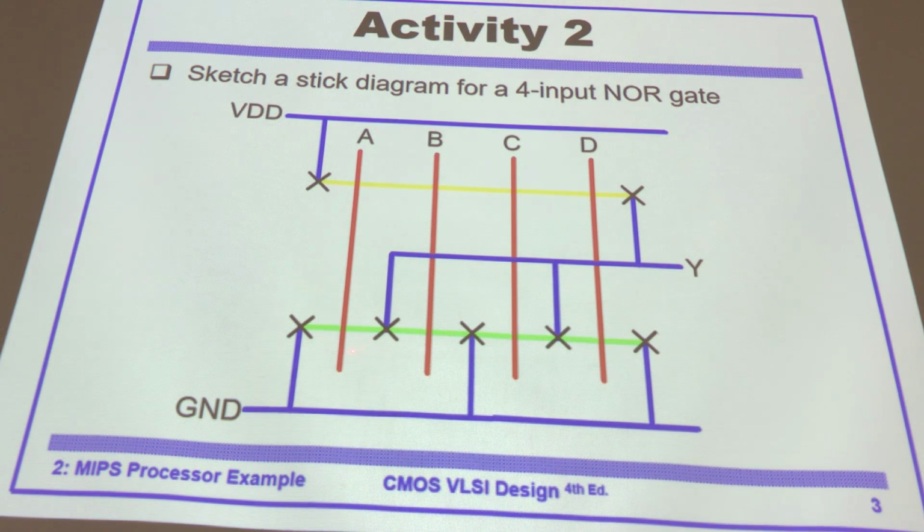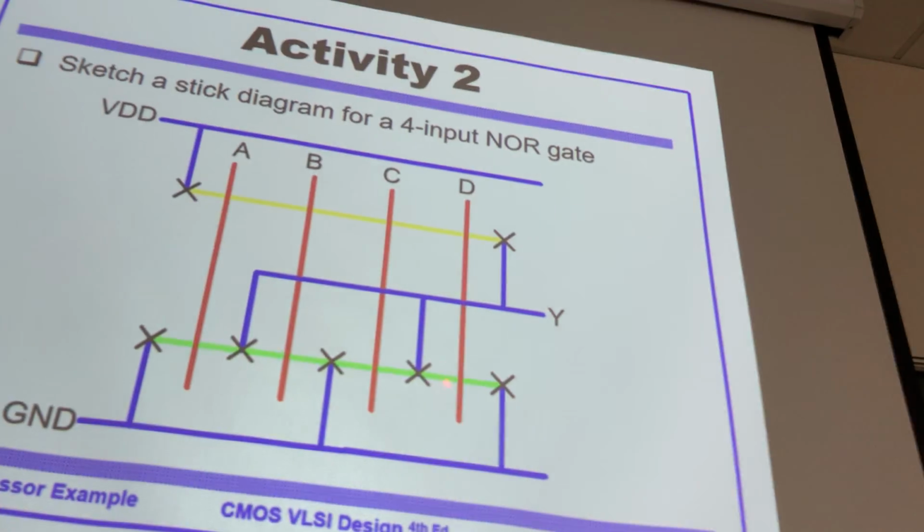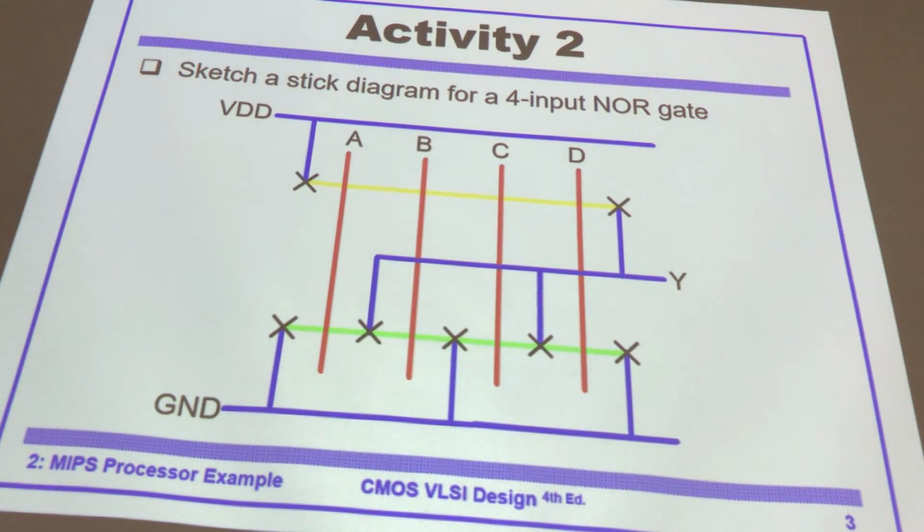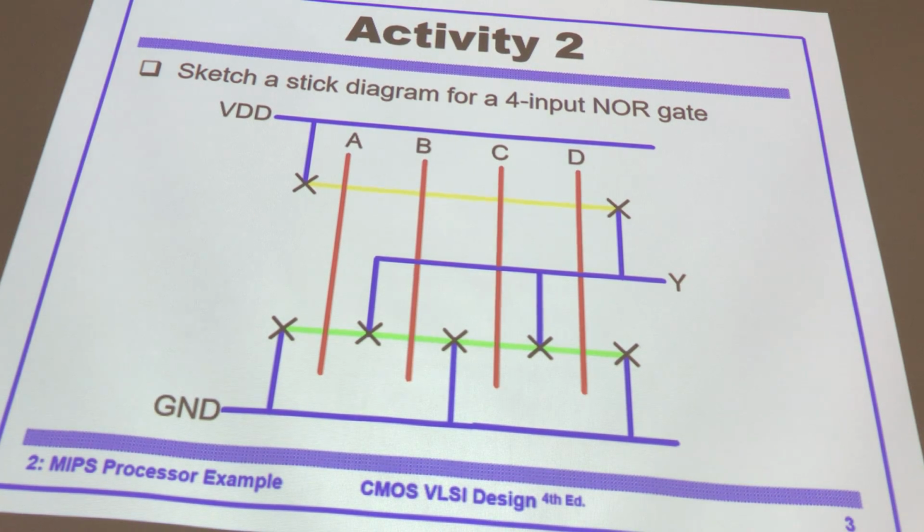For this transistor, ground, output. For this transistor, ground, output. Each and every MOS transistor has one terminal, the source terminal, connected to ground, and the drain terminal connected to the output wire. So that's a parallel connection.